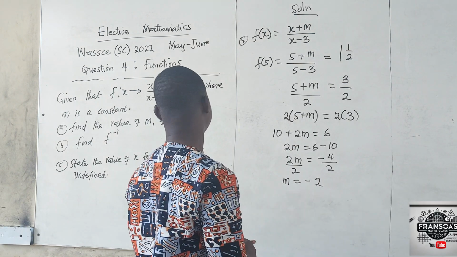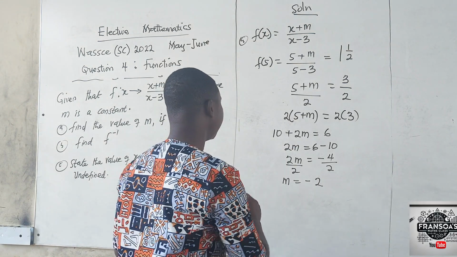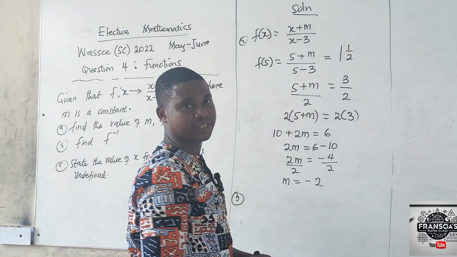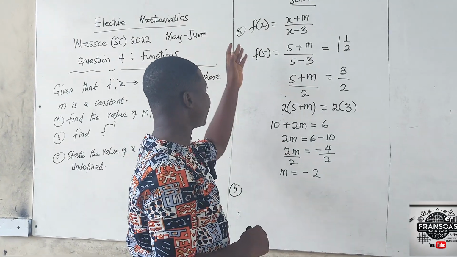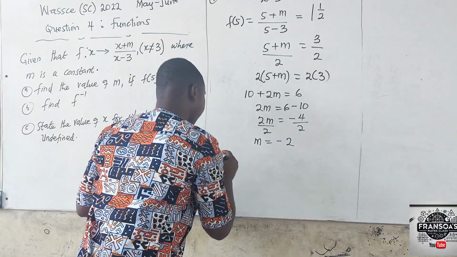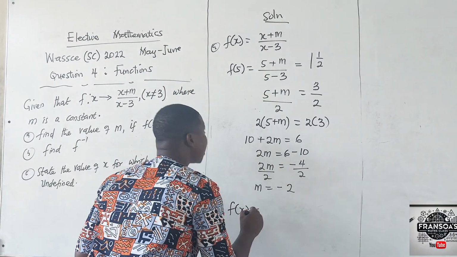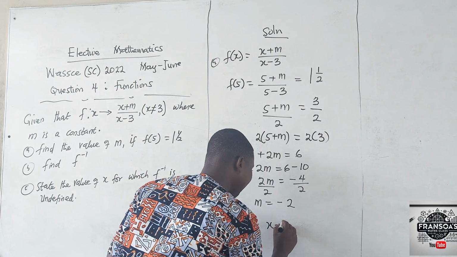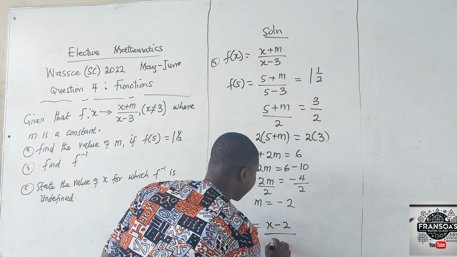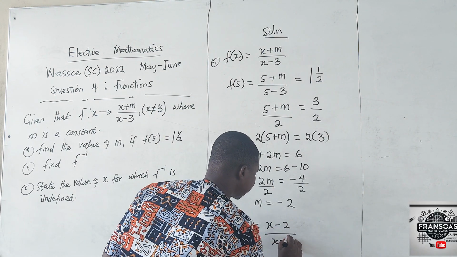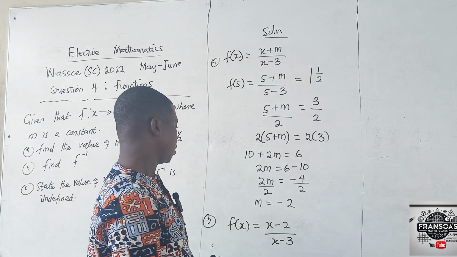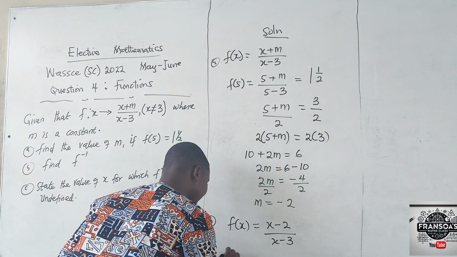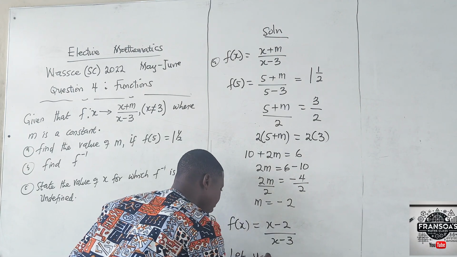So we know m. Now the second part, B, is asking us to find f inverse. First, we know m, so our f of x is now equal to x, with m now negative 2, so x minus 2 over x minus 3. To find the f inverse, first let y be equal to f of x.